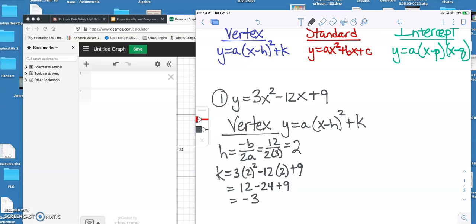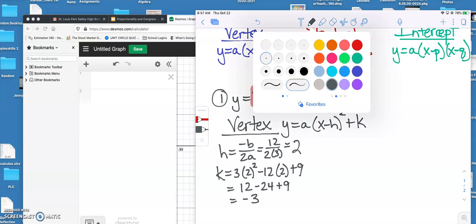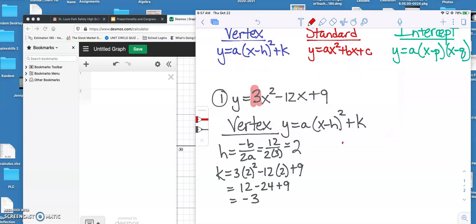So we have our h and our k, and our a value is 3. We could rewrite this equation as y equals 3(x minus 2) squared minus 3, remembering x is the opposite.